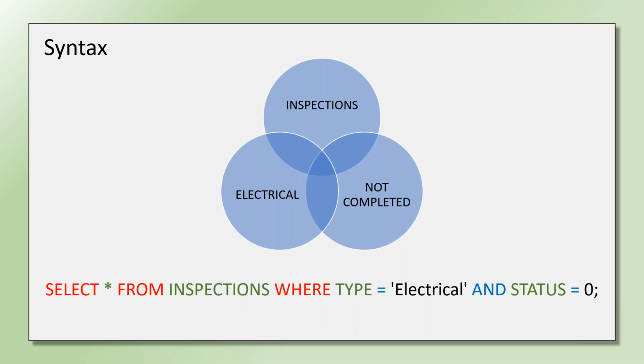More on the syntax. So often when we interact with a database, we want to get some kind of subset of the data in the database that meets a set of criteria. For example, we might have a database that stores information on inspections, city inspections. We might want to just see the electrical inspections and only the ones that have not yet been completed.